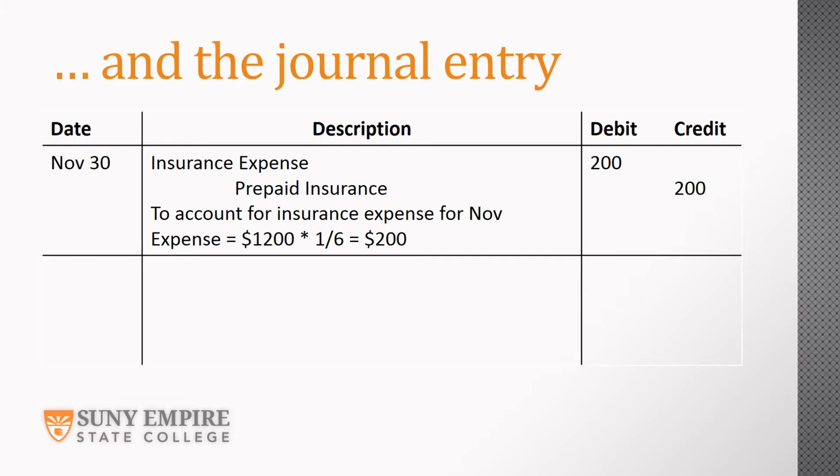Then we see the debited account, insurance expense, and the amount of the debit, $200. Then we have the credited account, prepaid insurance, with the matching amount. The entry closes by describing the transaction to account for the insurance expense accrued during November, with the calculation required to find the amount of the transaction.